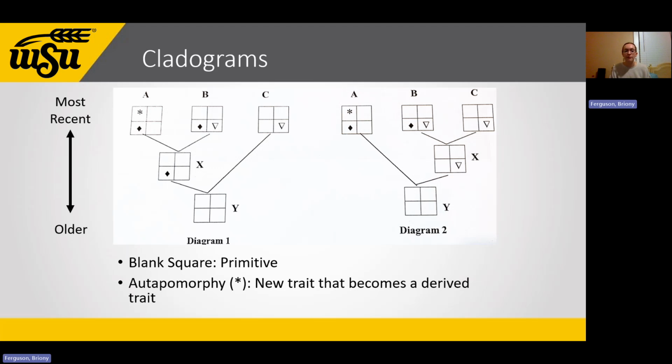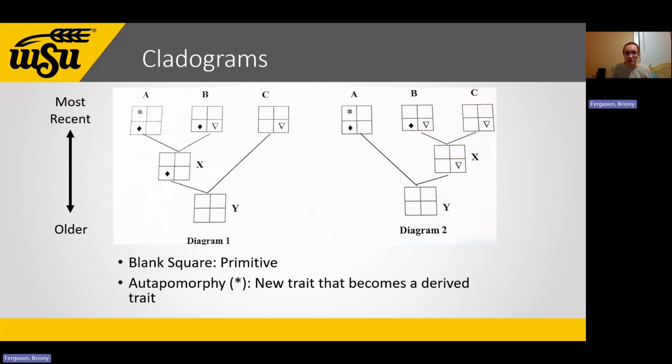Now we're looking at a little example of a cladogram here, and you can see these blank squares with this Y box. Those are going to be your primitive traits. All of these further species going up are going to share this primitive trait. You can also have autapomorphies, and that is going to be a new trait or a derived trait. And you can see here in this X generation that we have this upside down triangle.